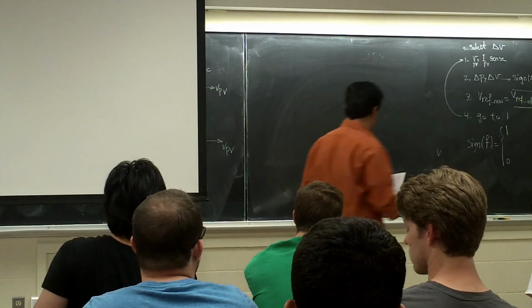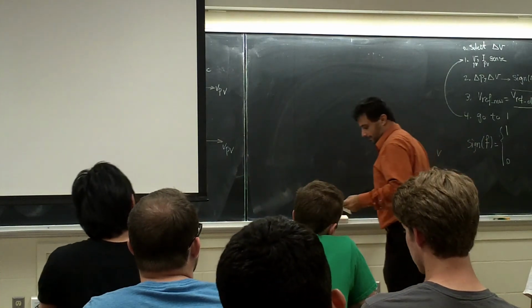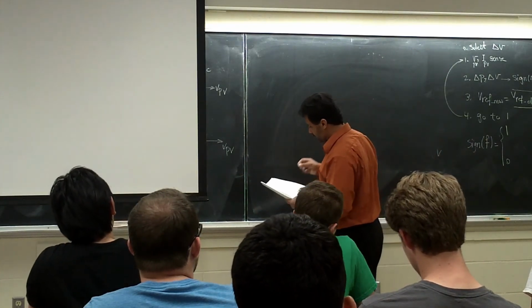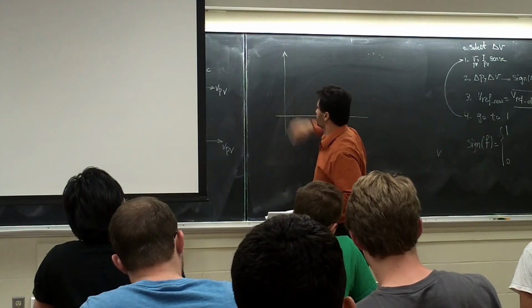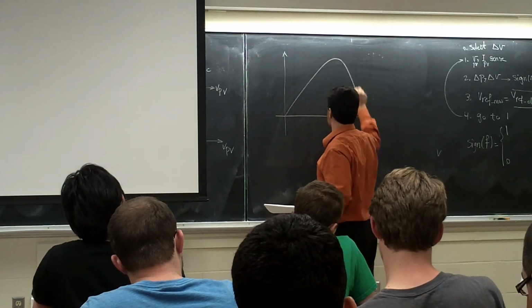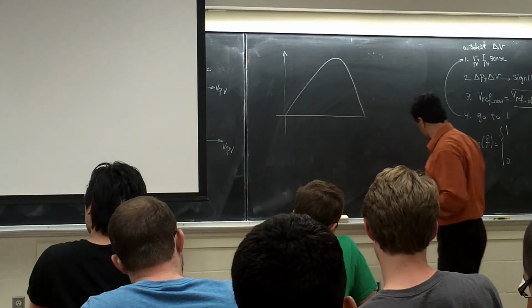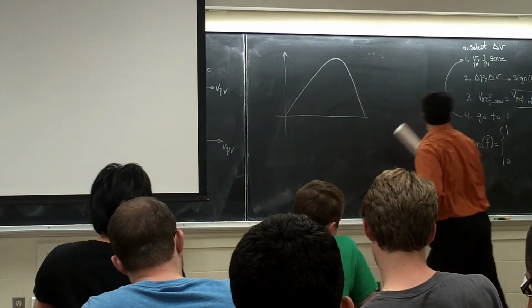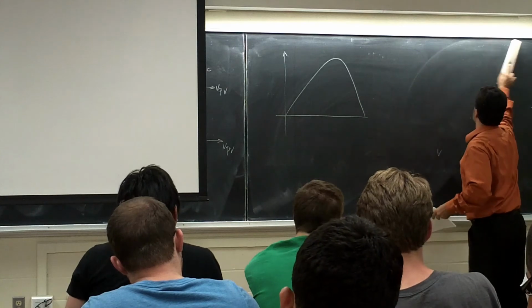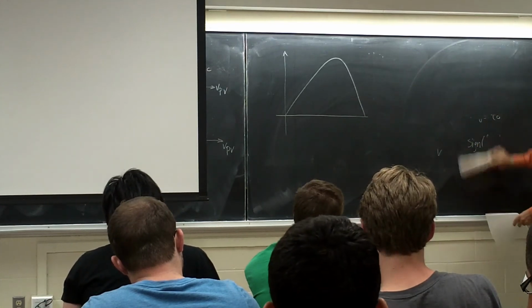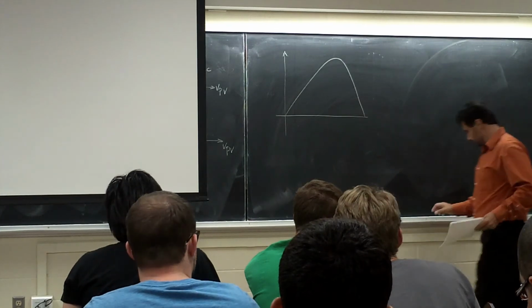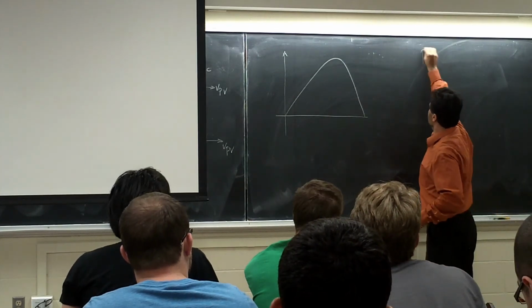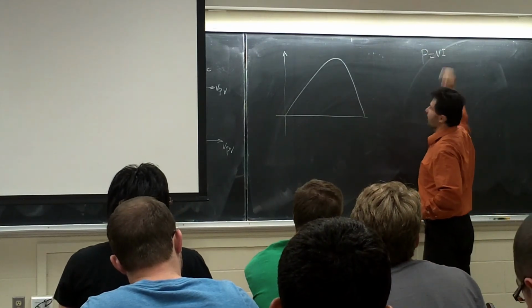Let's look at the next method, we call it incremental conductance. Incremental conductance works like this. Let me start first with this. We say P is equal to VI, right?